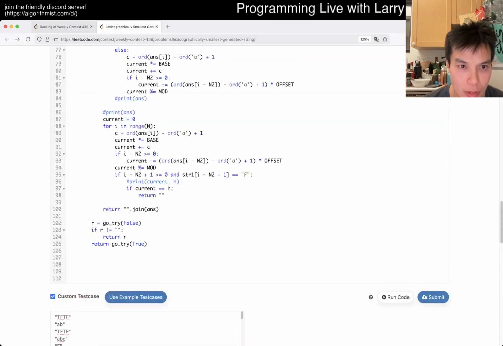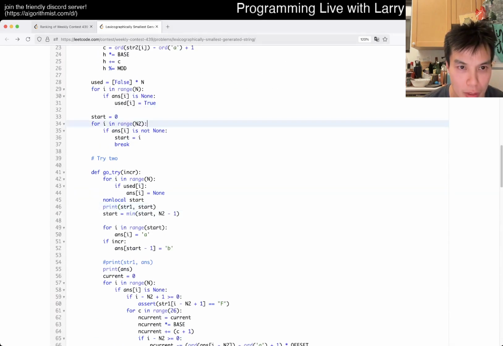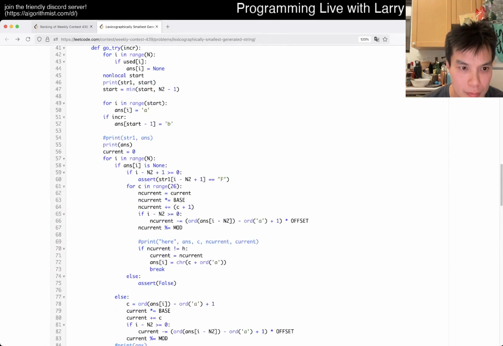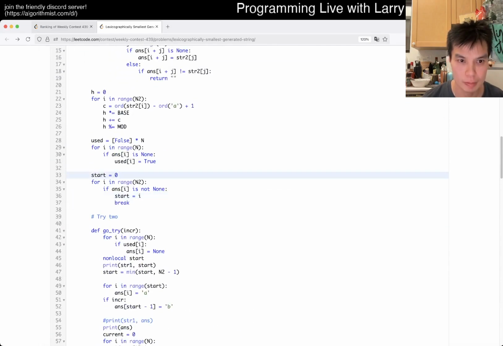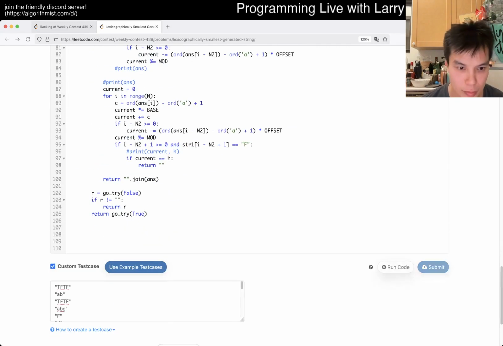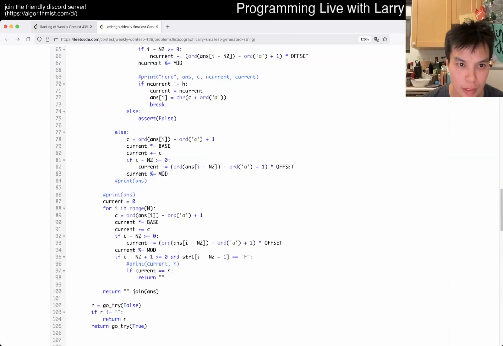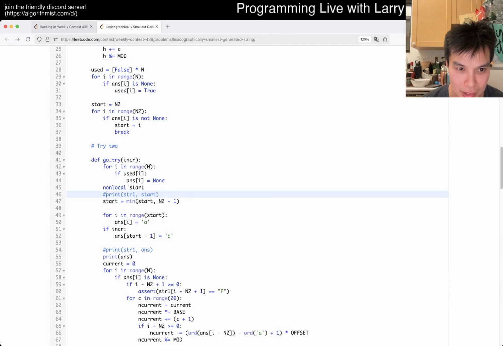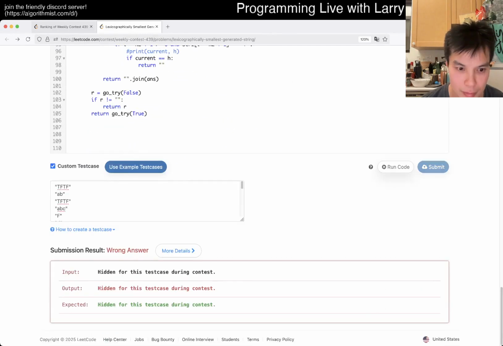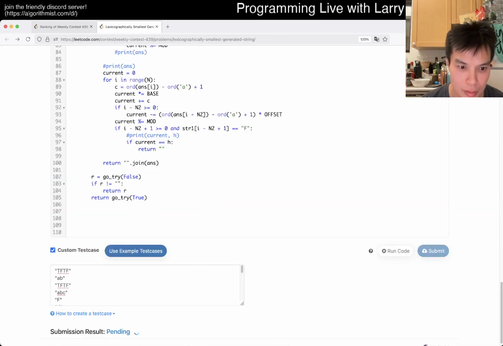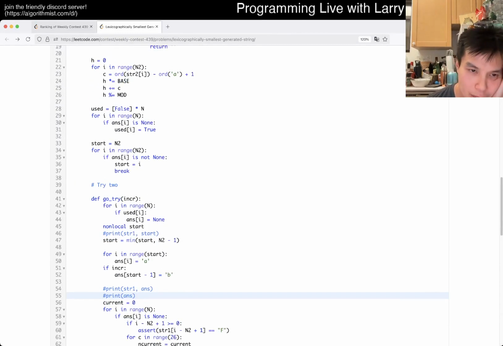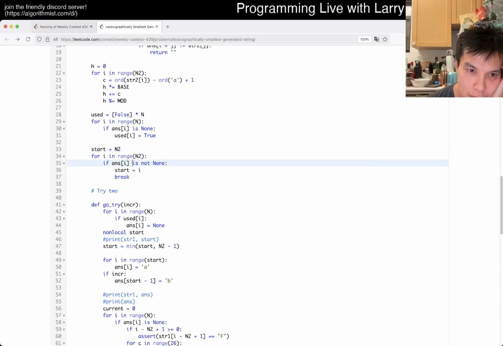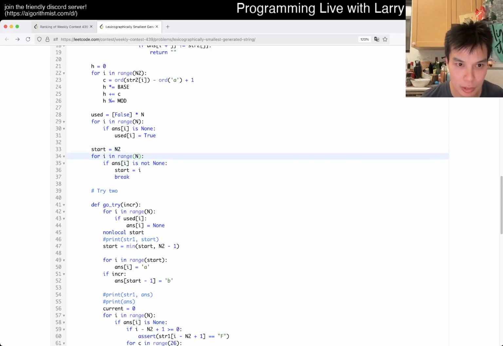Why is this 0? I don't know if this is right, but we don't have time to really debug it. Okay, I mean, I gave it a try. I'm missing an edge case, but supply is not none, and this is n, not n2. That's why.